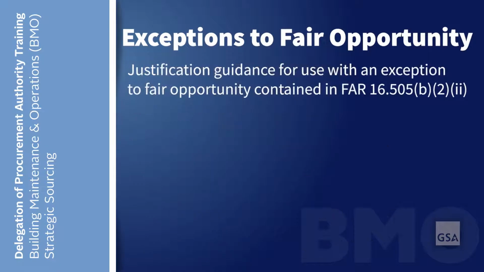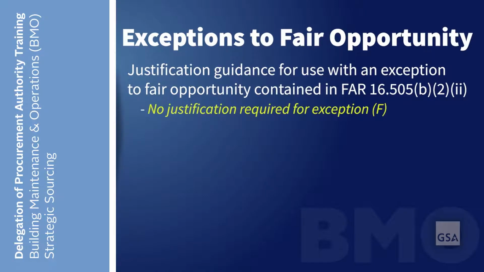Should you end up utilizing an exception to fair opportunity, justification guidance is contained in FAR 16.505(b)(2)(ii). It's important to note that no justification is required for an Exception F set-aside.